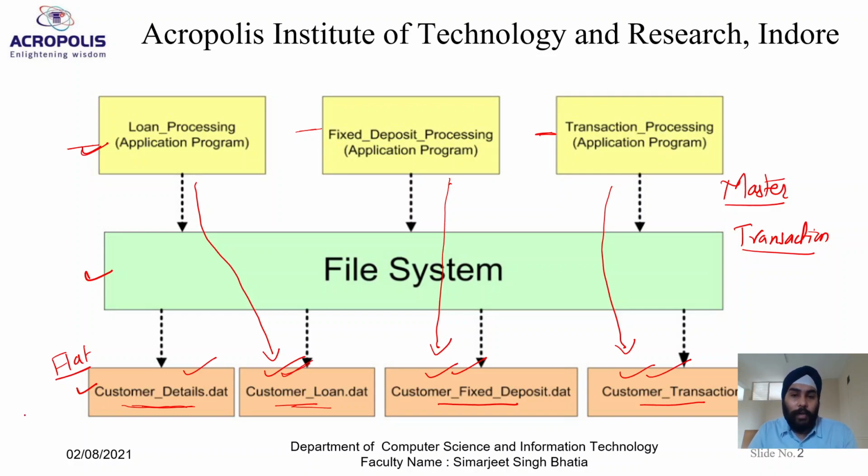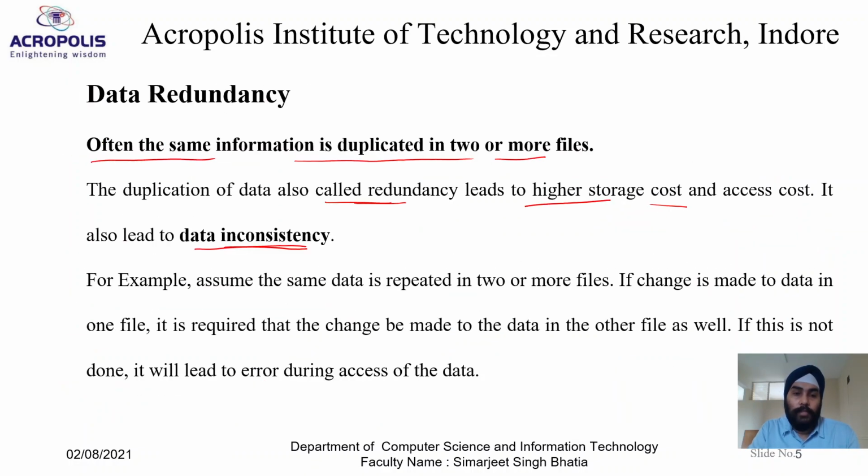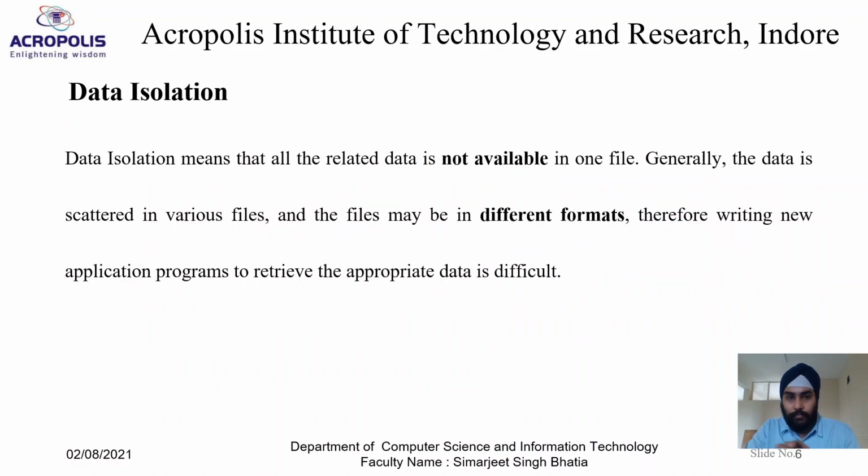Suppose there are 40 data files in which a particular detail has to be changed. You can imagine that it will lead to an inconsistent state of the database system. Therefore, database inconsistency will happen. So this is the problem of data redundancy, which leads to data inconsistency.